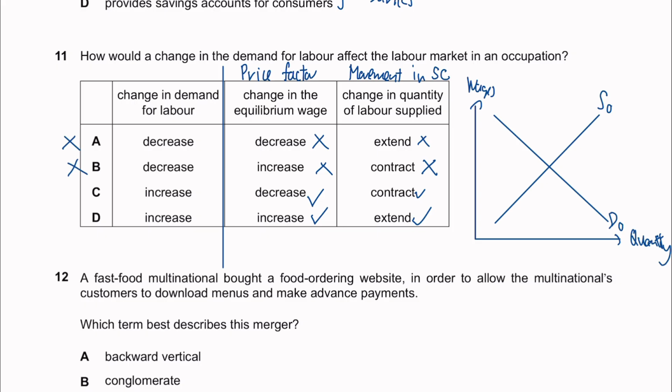So let's see what's the effect when the demand curve increases, which is moving rightwards. Let's see the new equilibrium. This is the original equilibrium. This one is the new equilibrium.